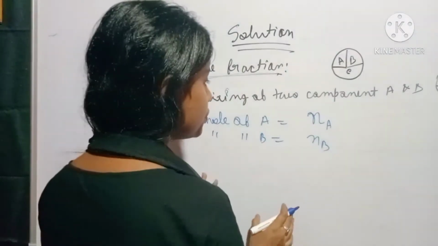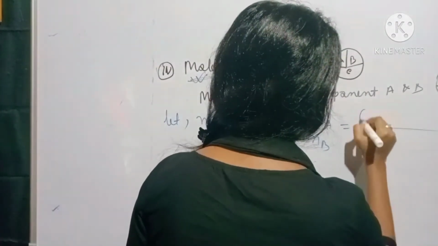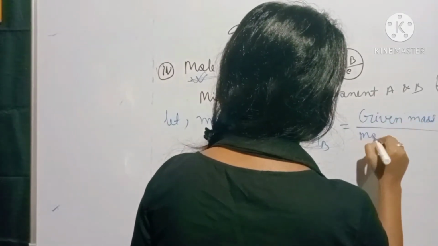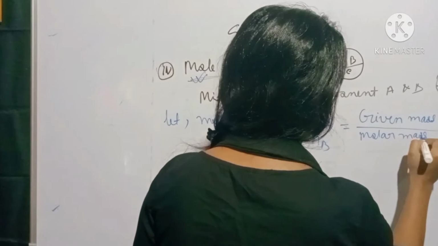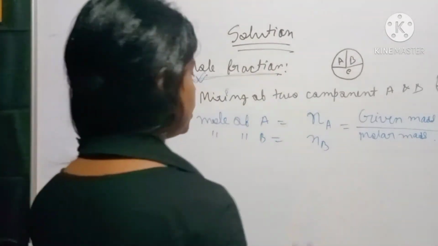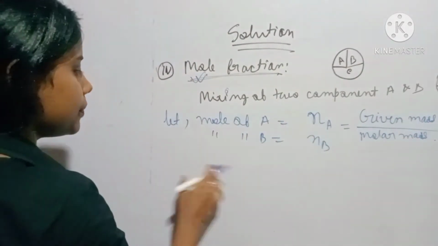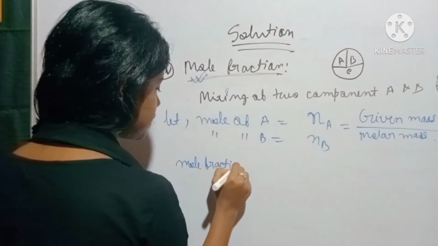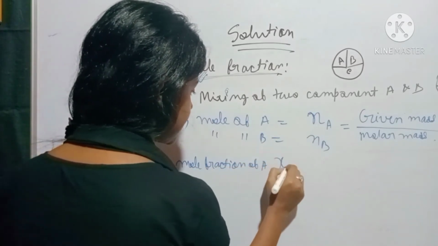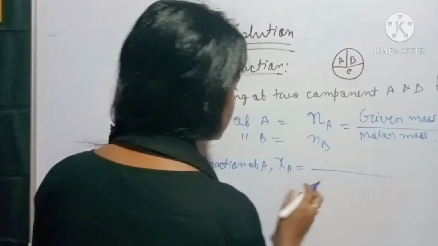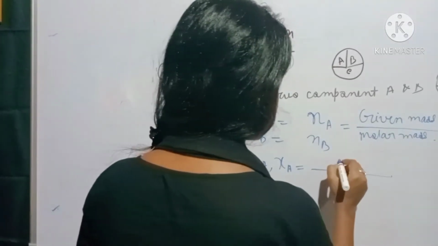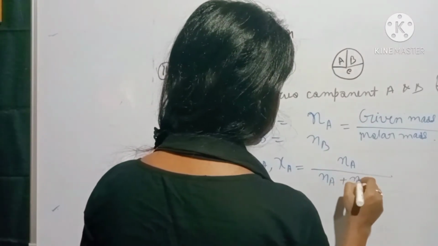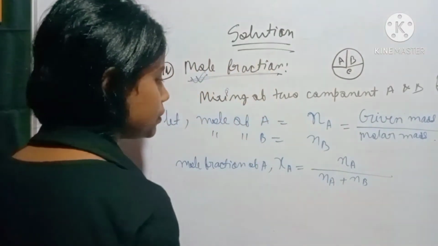How can we calculate mole? You put the given mass in the above and then the molar mass in the below, and that's it. In this way you get the mole. And the mole fraction of A is denoted by XA, and XA equals mole of A in the above and the total mole in the below.